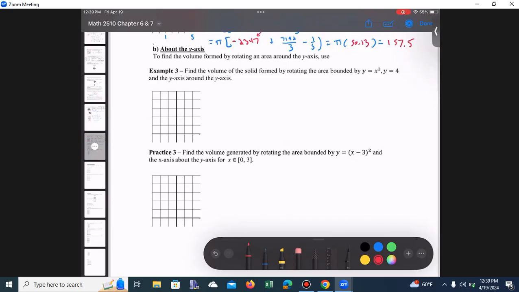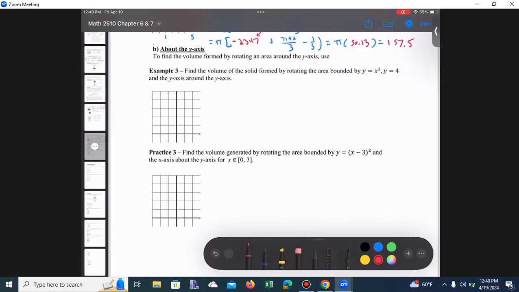You're using a disk, so your area is going to be pi r squared, and the function for the radius is going to be your function. The difference is we have to bring this around the y-axis, so we're going to use y instead of x's.